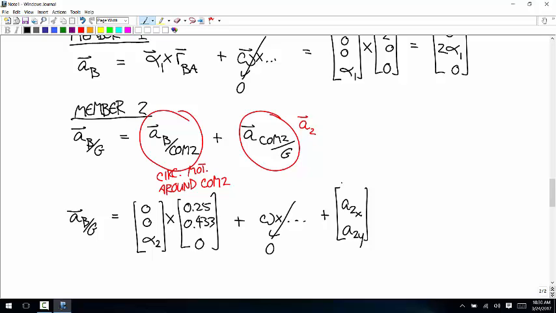And so all these together, you get negative 0.433 alpha 2 plus A2x as the x component. And the y component is positive 0.25 alpha 2 plus A2y, and the z component is 0.